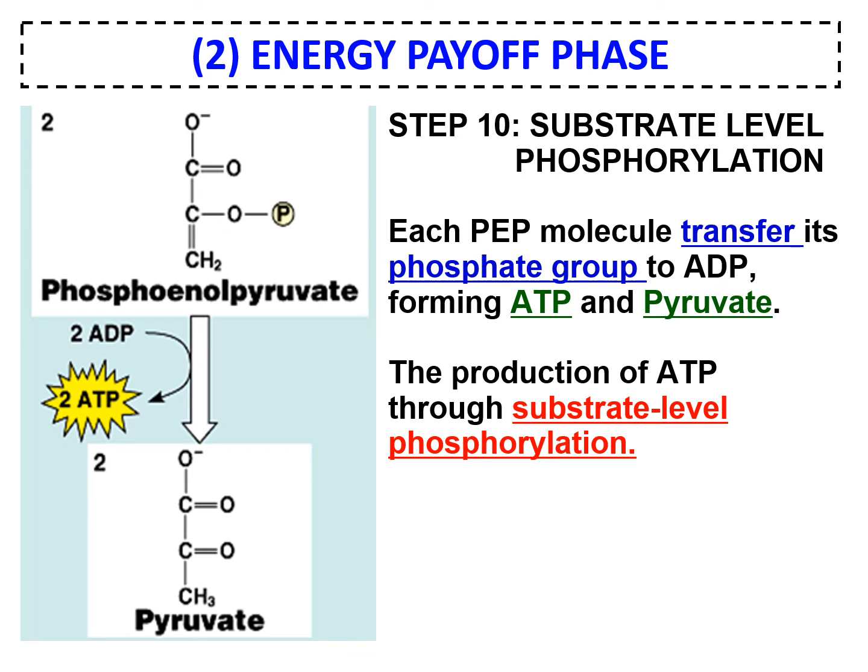Step 10 involves phosphoenol pyruvate transferring its phosphate group to ADP, forming ATP, which is the substrate level phosphorylation, and the last product is pyruvate.